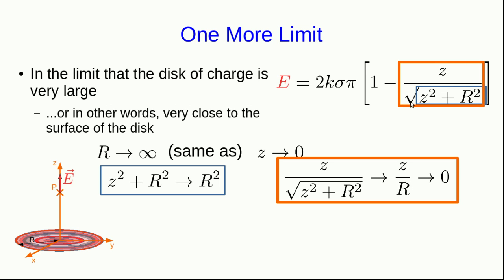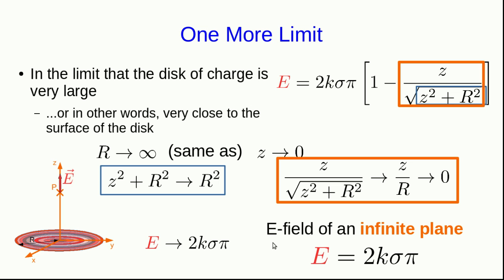So this whole fraction disappears from the expression, and we're left with a very simple electric field strength expression. And what we've just got, since we've taken our disk and let it get infinitely large, is the electric field due to an infinite plane.